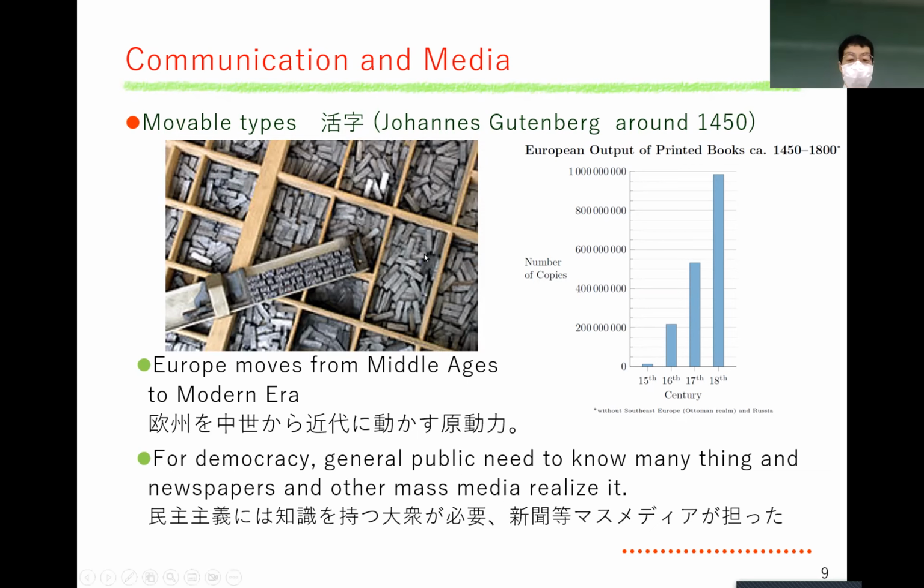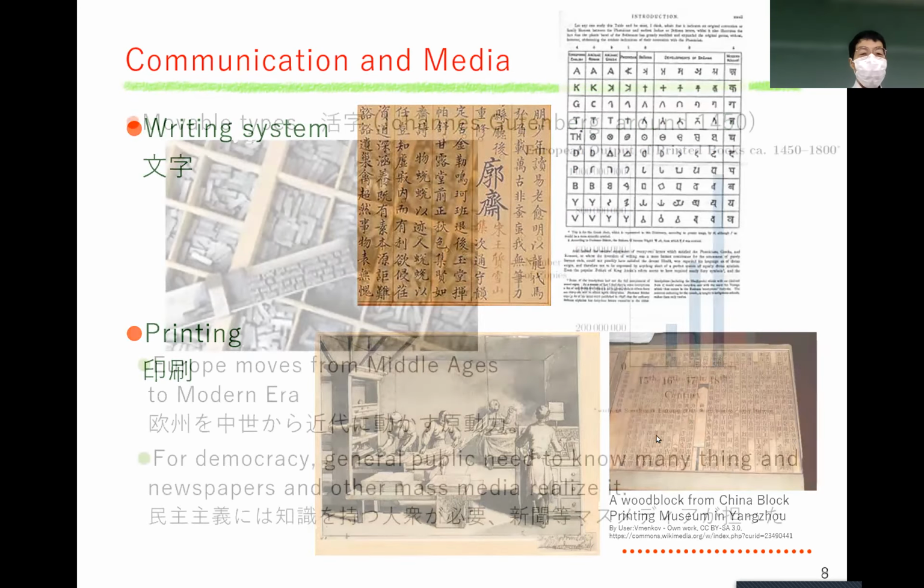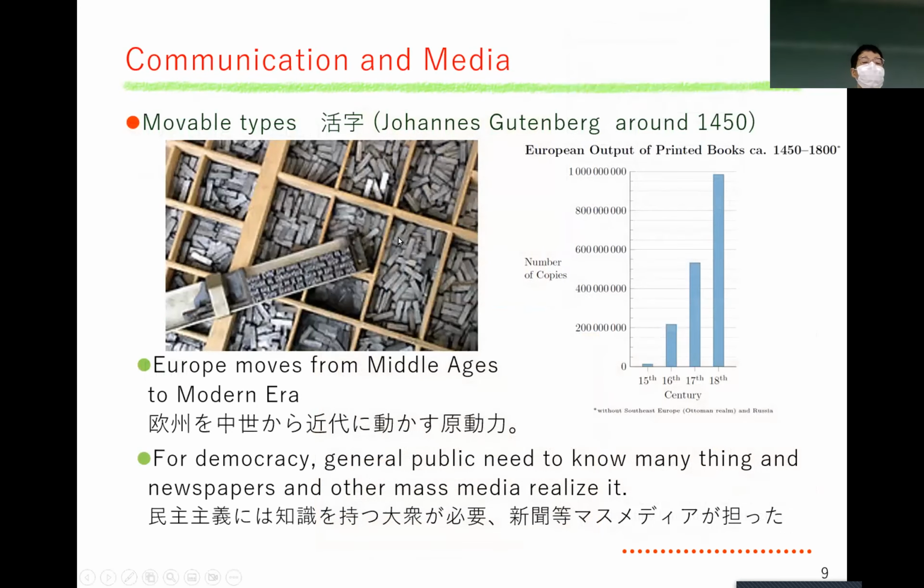Before movable type, you could not print every day. It takes a long time to create a block. But using movable type, printing takes less than one day. So the daily newspaper became possible. And that moved Europe from the Middle Ages to the modern era.